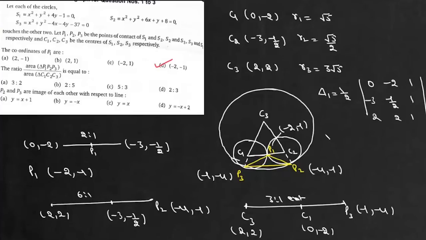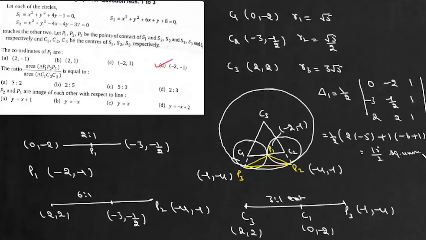So this area will be 1 by 2, and then 2 into minus 3, minus 2, minus 5, plus 1, and here will be minus 6, plus 1. So it will be minus 10, minus 5, minus 15 by 2, and we take this area positive, so it will be 15 by 2 square units.